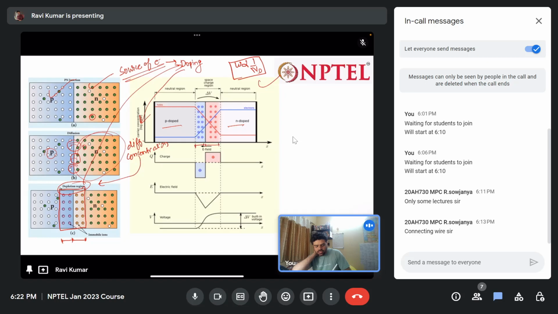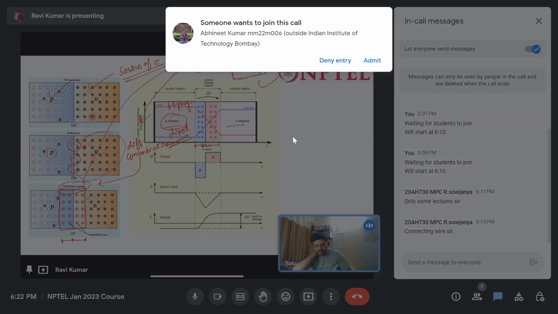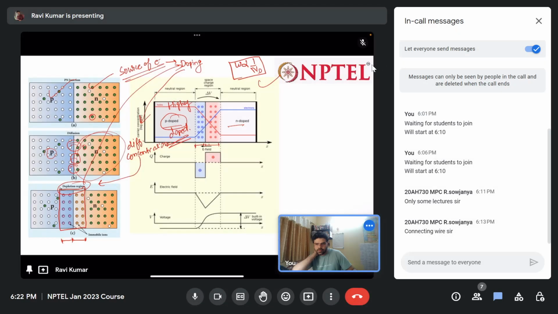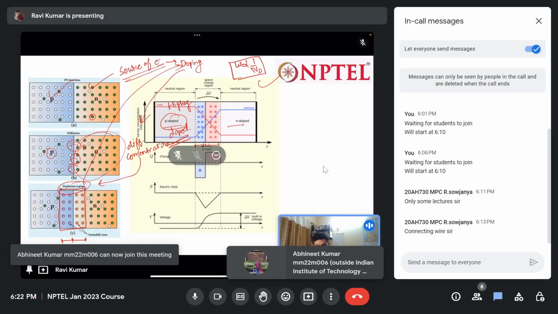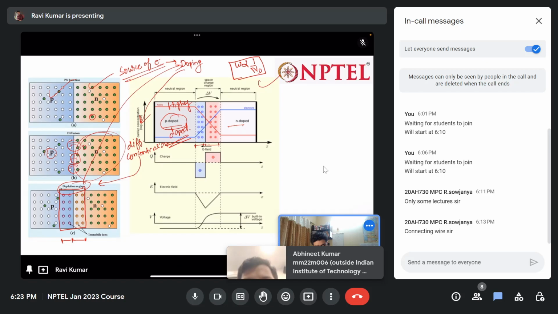So from here we can say P is highly doped. And this is the graph showing electric field variation inside this depletion region.